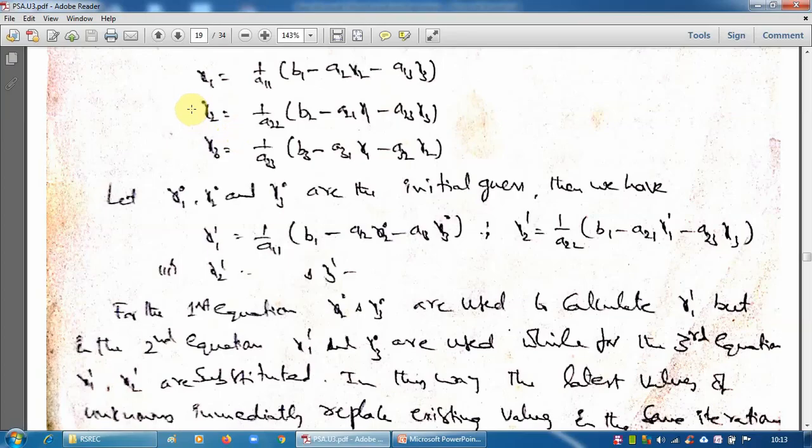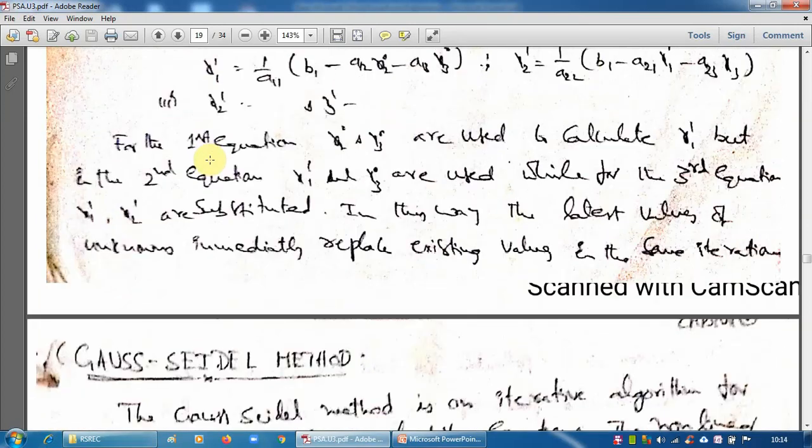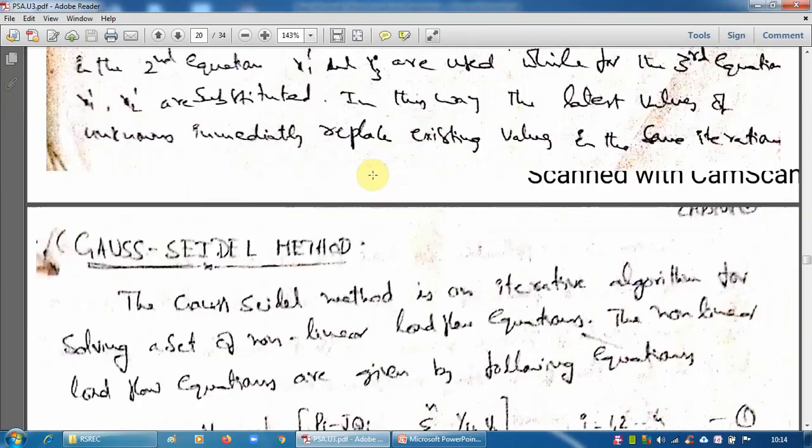Now at the end of the iterations, whatever values we have in hand are nothing but the solution of all three equations. So in that way we will proceed by Gauss-Seidel method. This is a generalized explanation for the solution of algebraic equations.